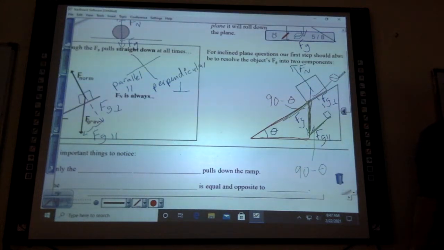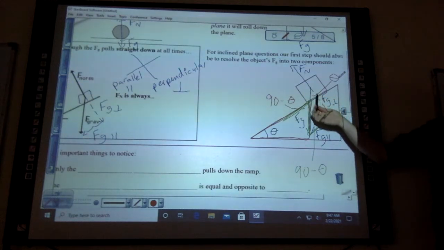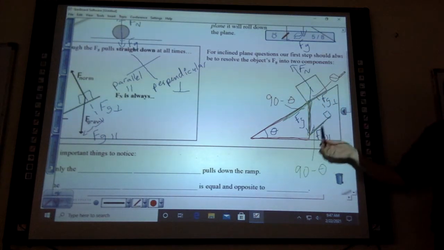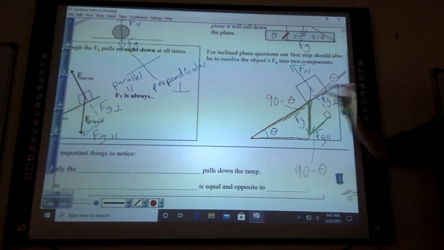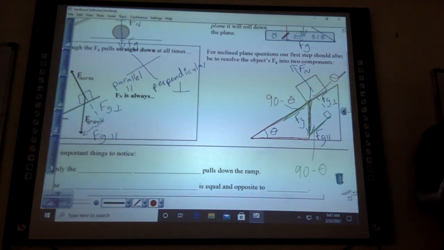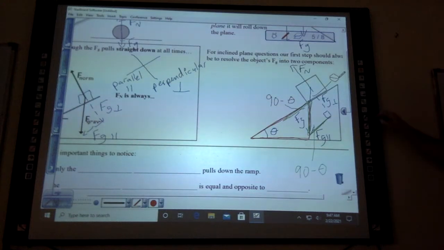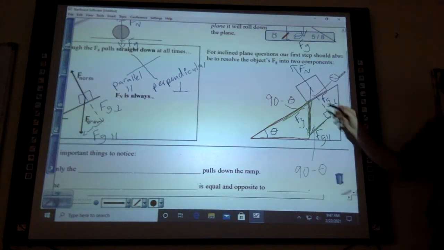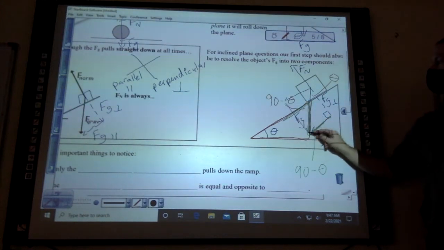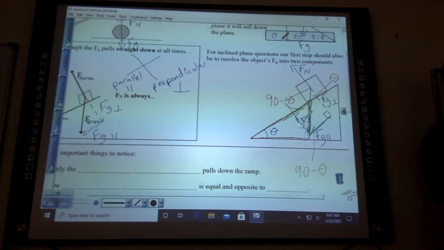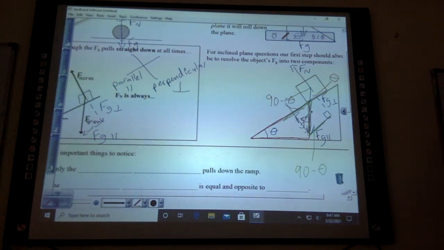If you want to just remember, if you set up FG perpendicular and parallel like this, where it's inside of my incline, it's always going to be the top one. If you decide to set up your triangle the other way, where I go this way and this way, this is theta. So it depends on how you set up your triangle.